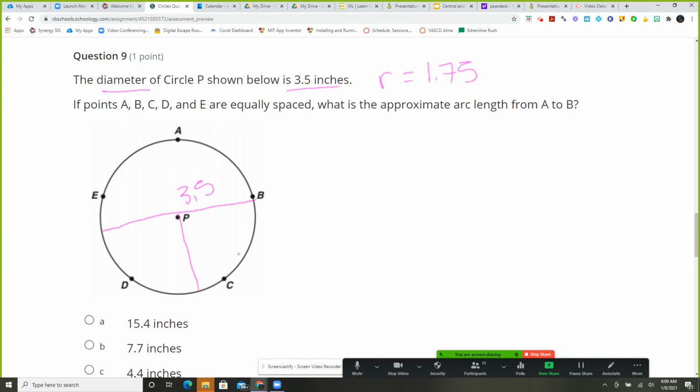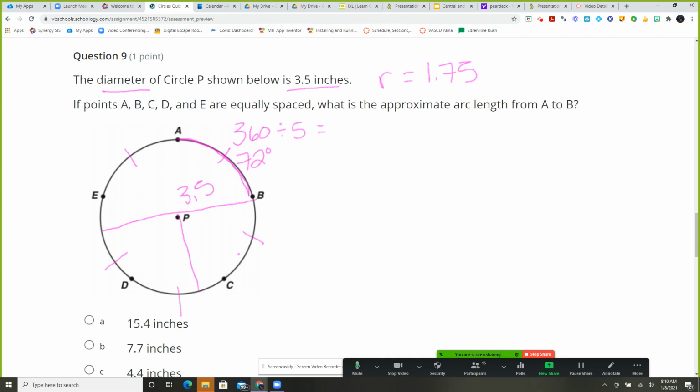A, B, C, D, and E are equally spaced. So all of these arcs are equal. If the whole thing is 360, what's this space here? 360 divided by 5 is 72. Each one of these spaces is 72 degrees.